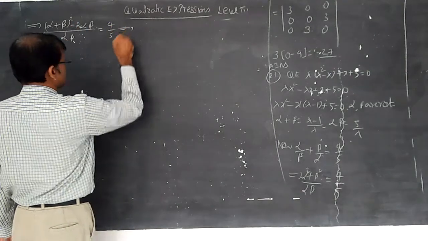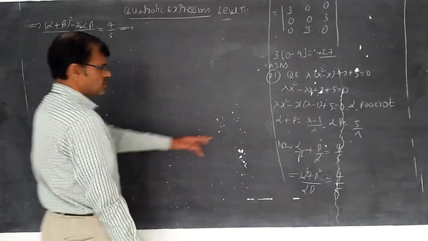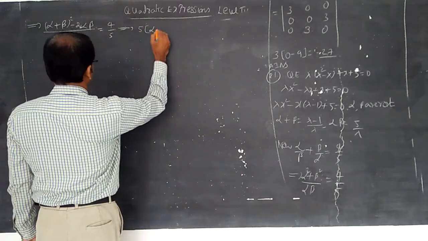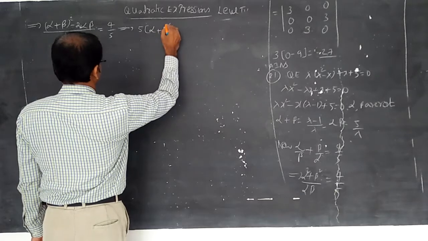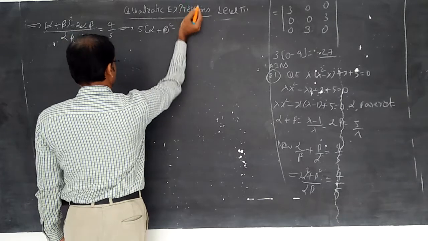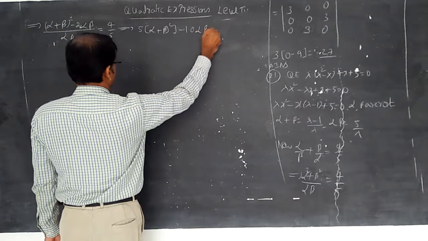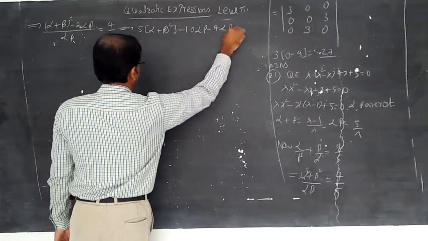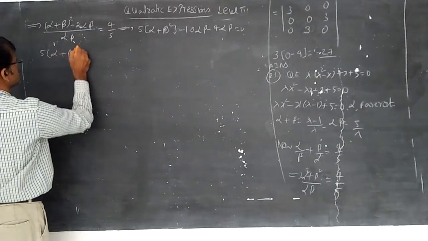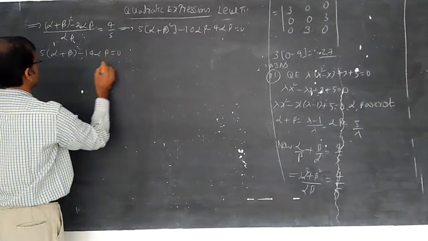So now we can write 5 into alpha plus beta whole square minus 10 alpha beta minus 4 alpha beta equal to 0. So 5 into alpha plus beta whole square minus 14 alpha beta equal to 0.